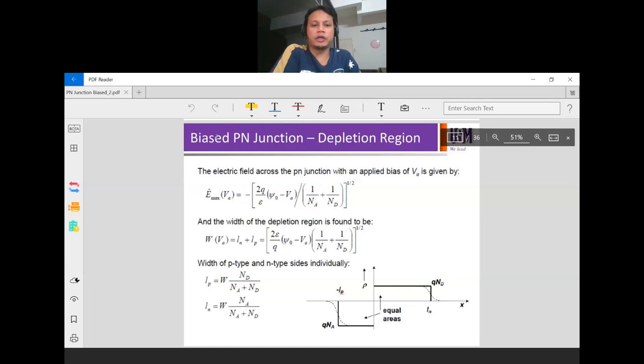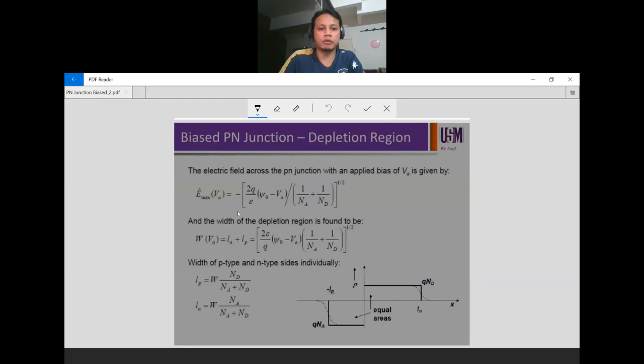The electric field across the PN junction with an applied bias is given by this equation. Negative 2q over permittivity, VBI minus applied voltage, and then you key in your NA and ND, square root.